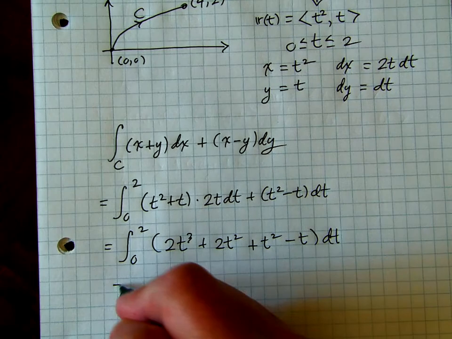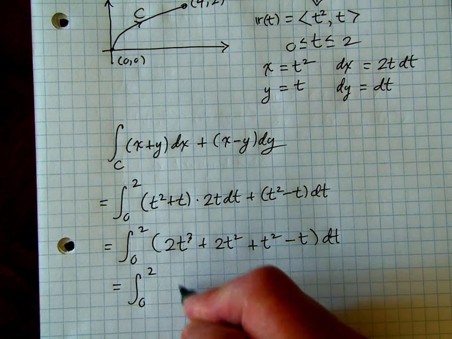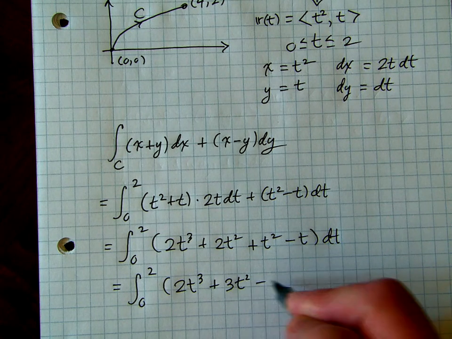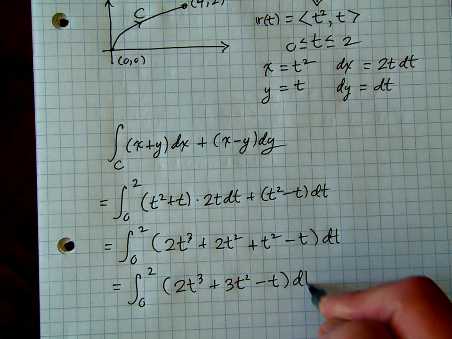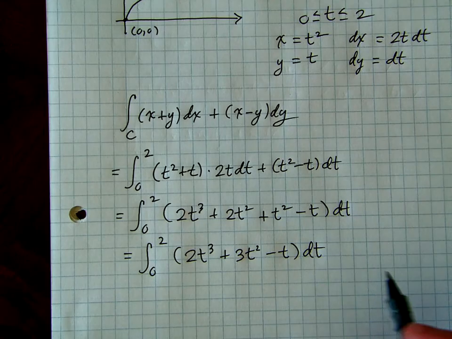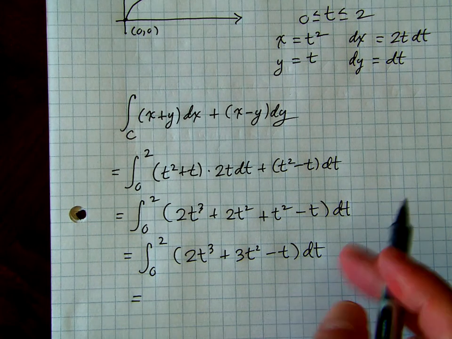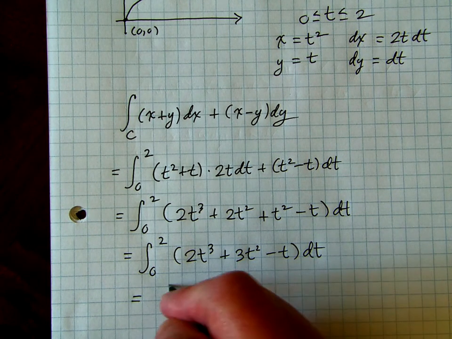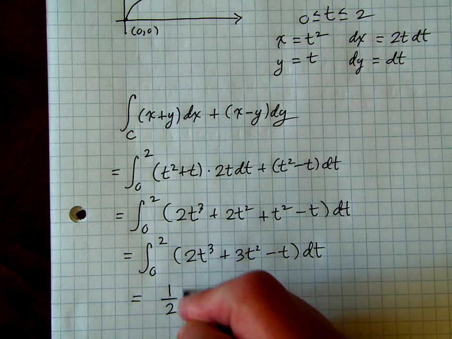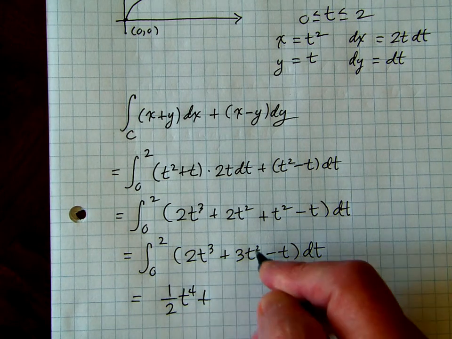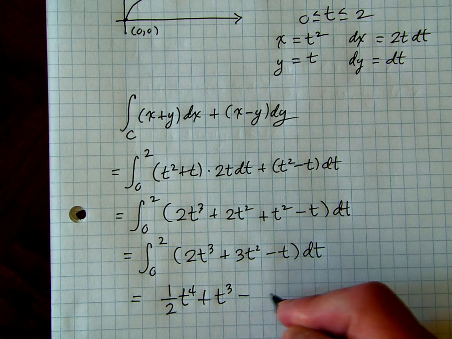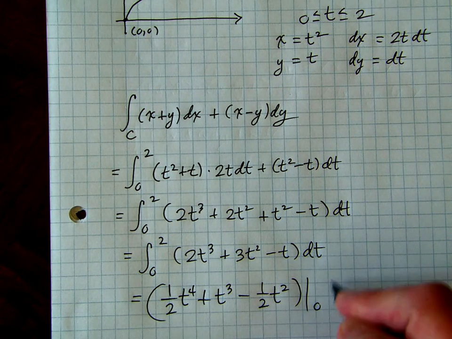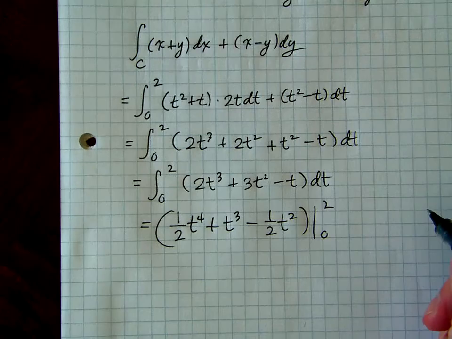Collect like terms: 2t cubed plus 3t squared minus t. And I integrate this with our friend the power rule. So let's see, t to the fourth over 4, so one half t to the fourth, plus t cubed, minus one half t squared, from 0 to 2.